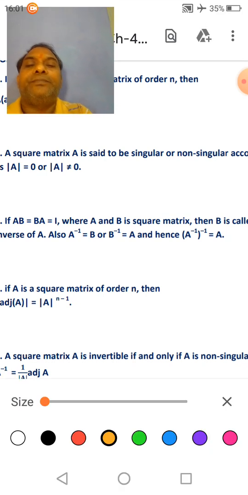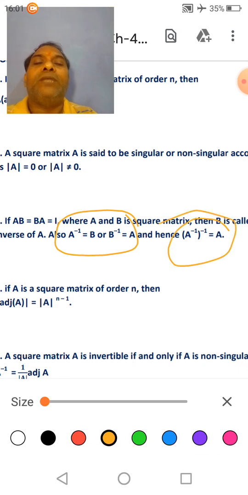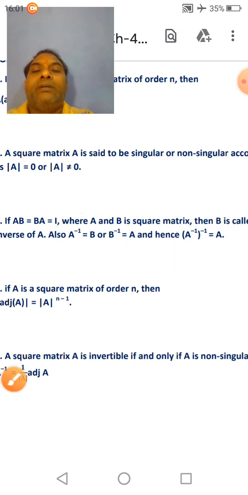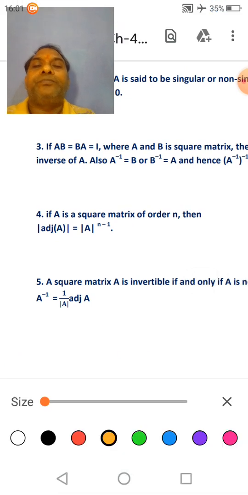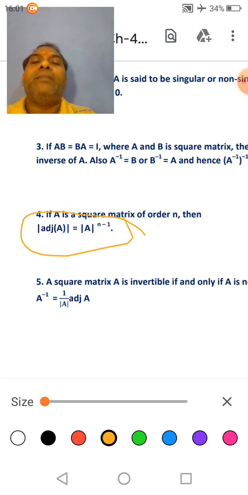And the inverse of A inverse is equal to A, meaning the inverse of an inverse matrix is the matrix itself. Now the next property: if A is a square matrix of order n, then determinant of adjoint of A is equal to determinant of A to the power n minus 1. Clear?